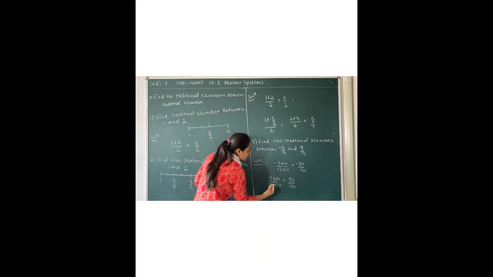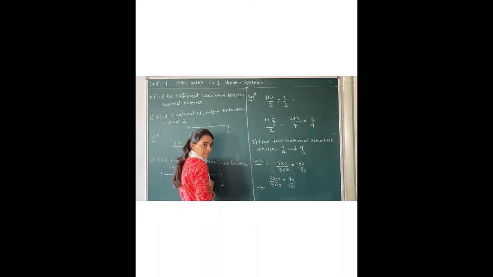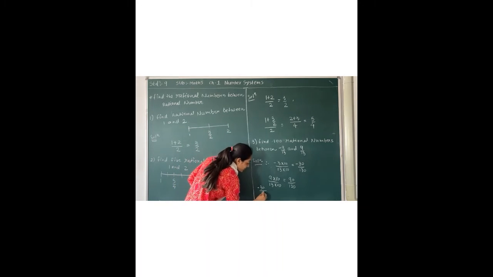So what I am doing now is, right over here, minus 30 divided by 300.